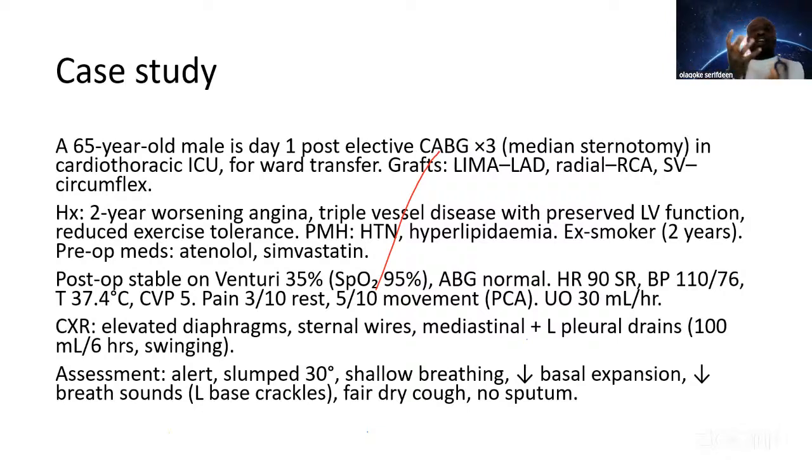Let me repeat this. That is a concept we call PEEP, EPAP. EPAP, PEEP, and CPAP are all the same thing, just different names that work on different settings. What this means is that at the end of expiration, after I breathe out, I don't want my lungs to collapse. Something must stay in the lungs that will hold them up from collapsing.